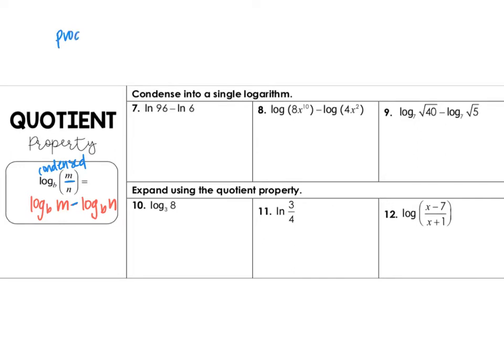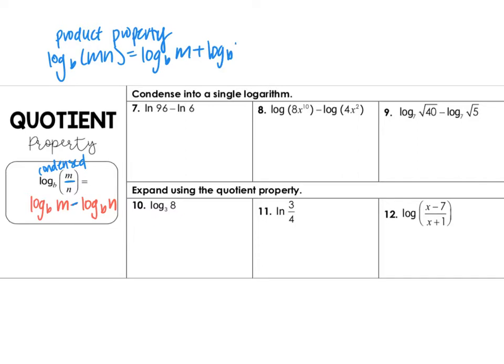If you recall the product property, that was log base b of mn equals log base b of m plus log base b of n. So multiplication and addition were correlated, and division and subtraction are also correlated.